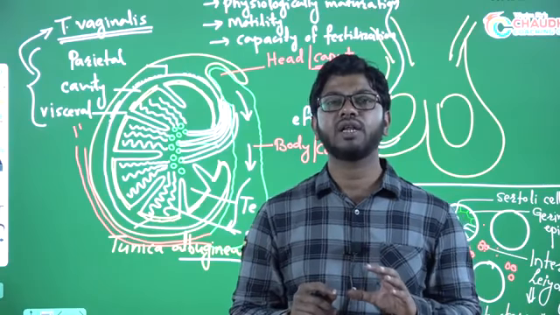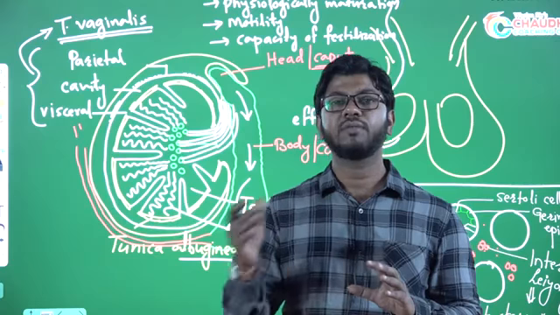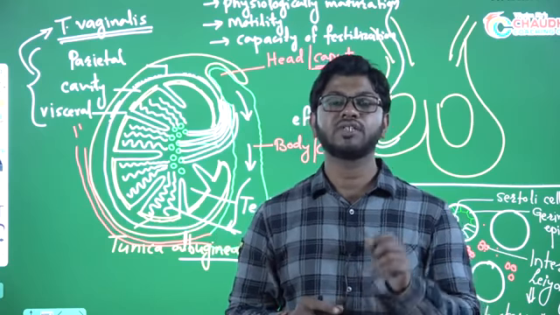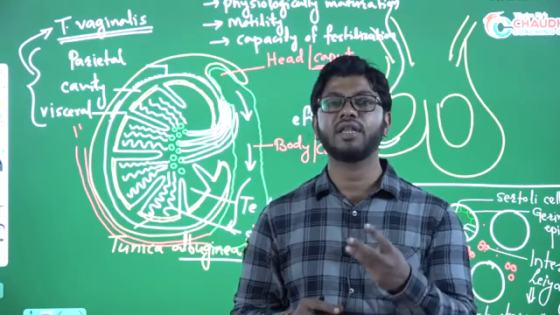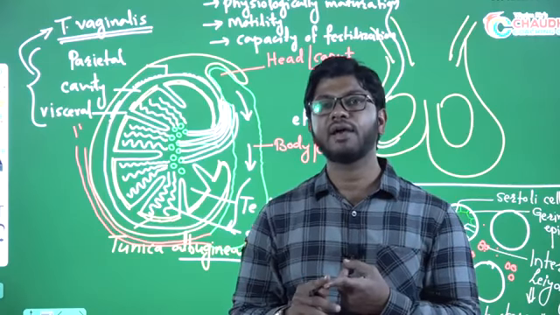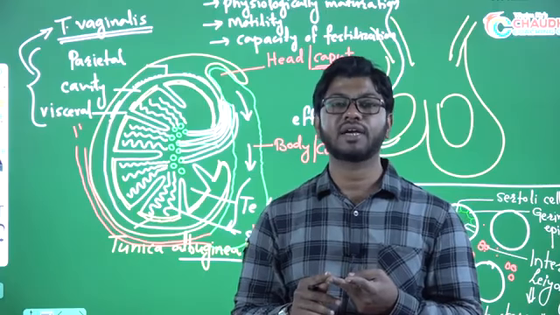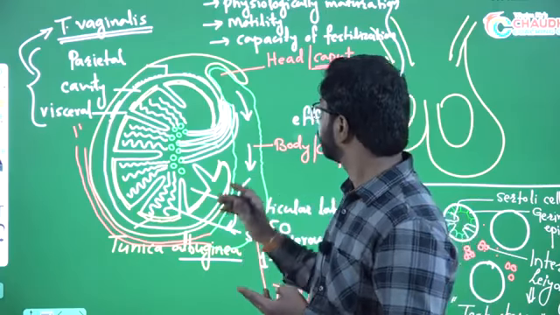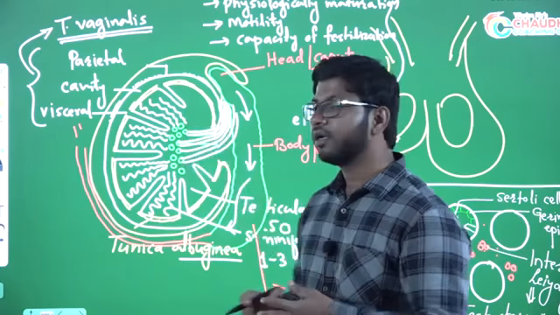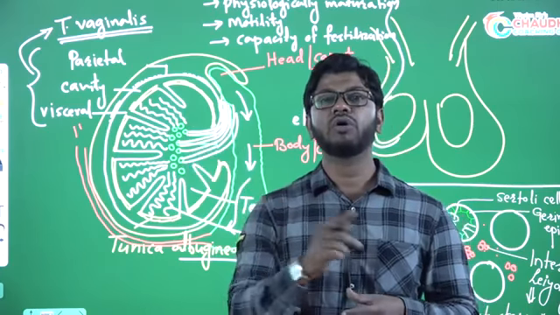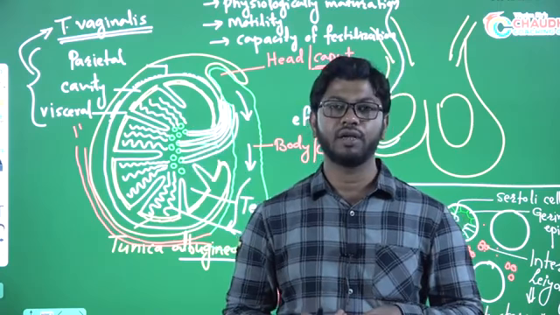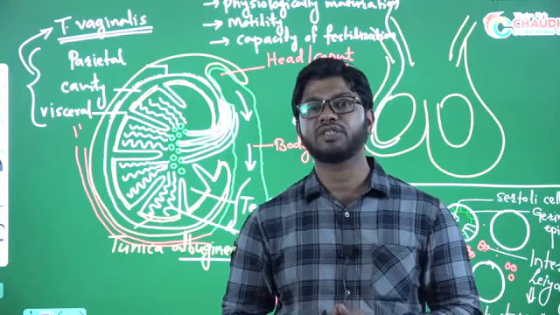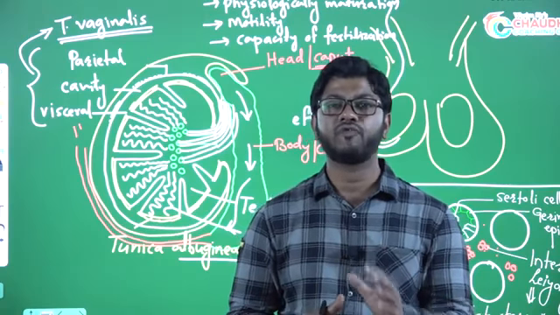Tunica albuginea also has some covering which is called tunica vaginalis. This tunica vaginalis has three parts: parietal layer, between it is a cavity, and then visceral layer. Okay, so internally tunica albuginea shows some finger-like infolding which are actually partitions, and in between the partitions a chamber is formed.